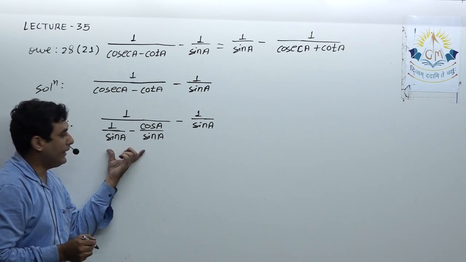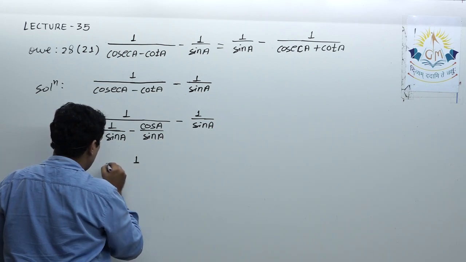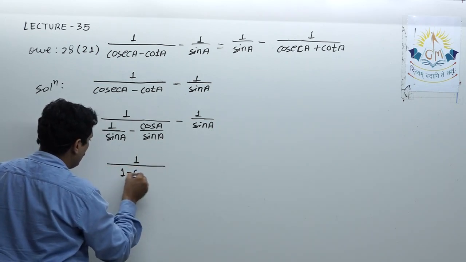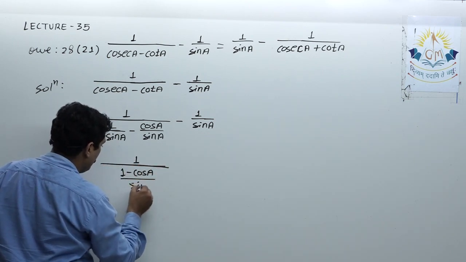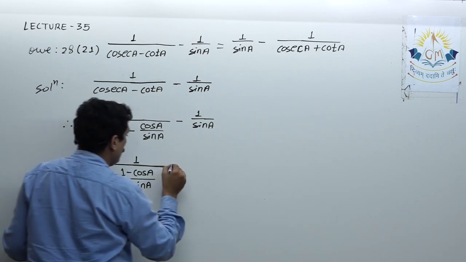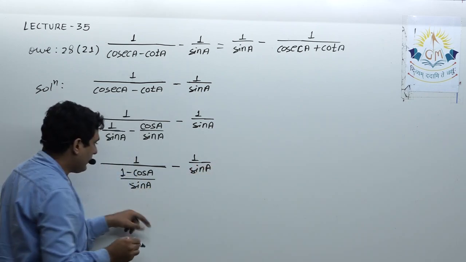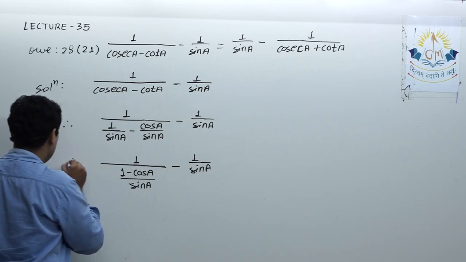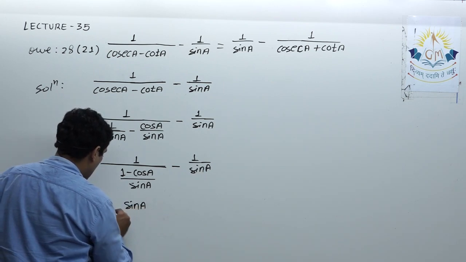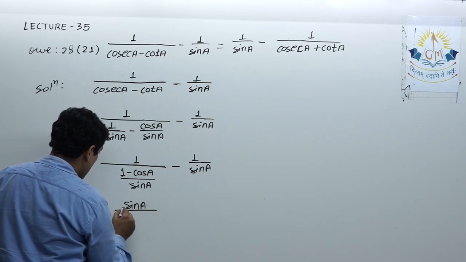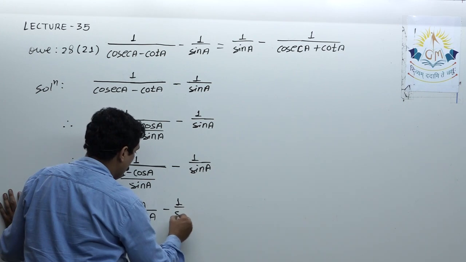Now over here I can take LCM, and that I will get as sin A. So 1 upon (1 minus cos A) upon sin A, minus 1 upon sin A. Okay, now this sin A will come in the numerator. Okay, I will get sin A upon 1 minus cos A, minus 1 upon sin A.